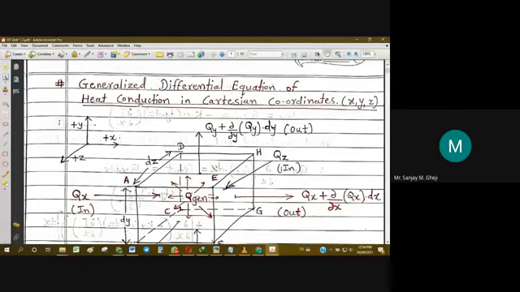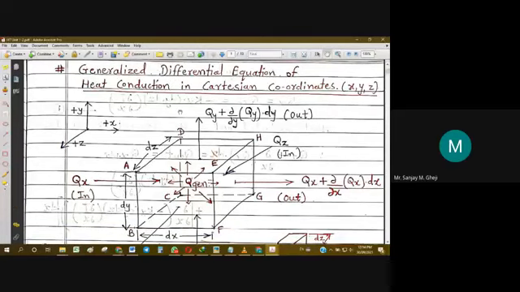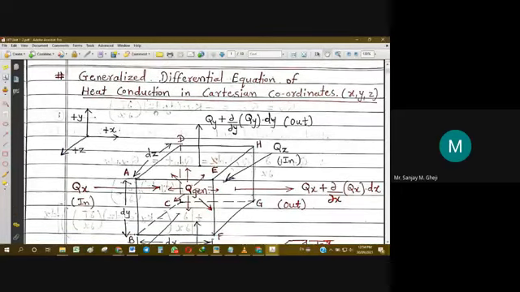Now we are interested in getting the general equation that will cover all three dimensions of heat transfer.